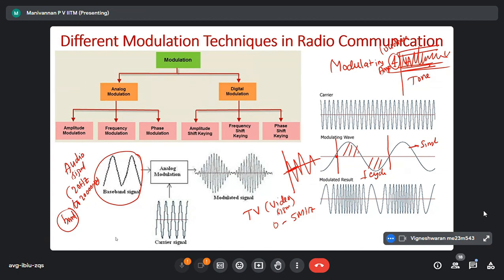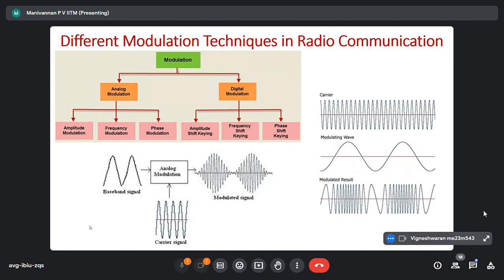I told you, generally, when we talk of an audio signal, the frequency is 20 hertz to 20,000 hertz. Video signal, we are using a camera, taking pictures continuously at a frame rate. Video signal frequency can generally go from 0 to 5 megahertz, 5 into 10 power 6 hertz.